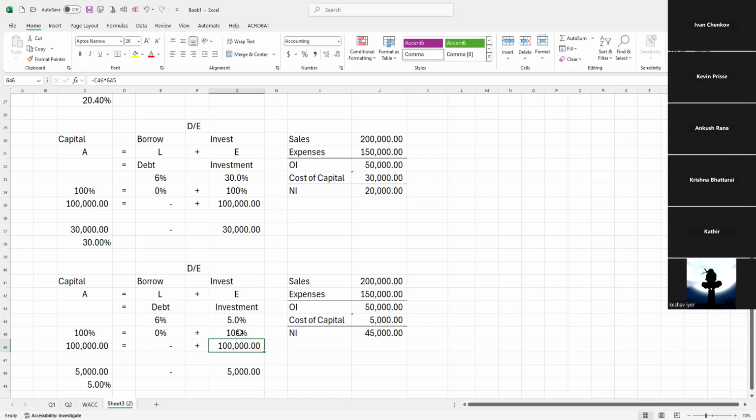Because now if you borrow money, that's going to drag up your cost of capital. But if the investors want, let's say, 50%, and your capital structure fully relies on the investment, you have the highest possible cost of the capital.